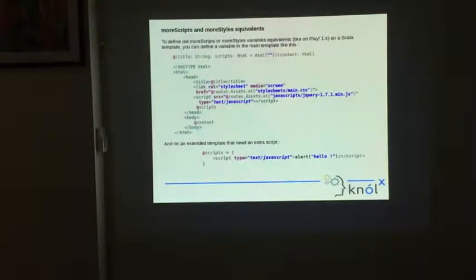More scripts and more style variables. To define more scripts and more style variables equivalent in Play Scala templates, you can define a variable in the main template. So suppose here we create a main template and take a content parameter of HTML type.